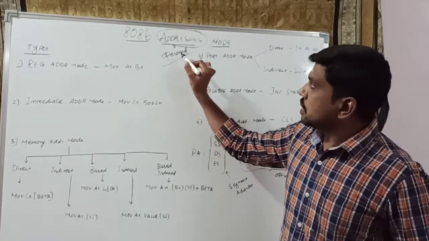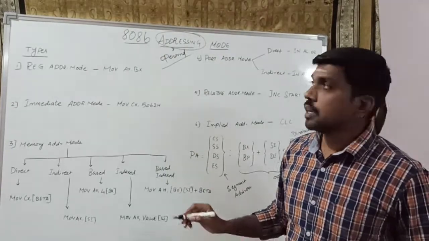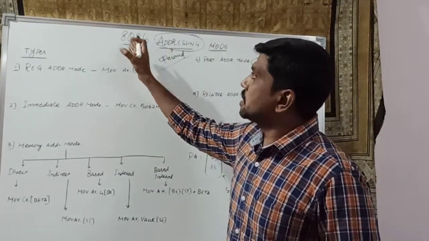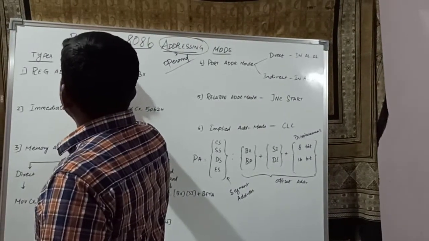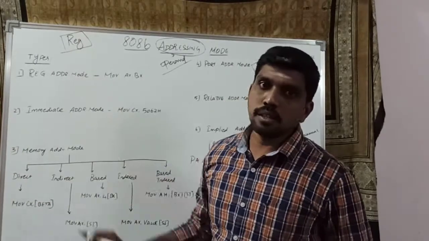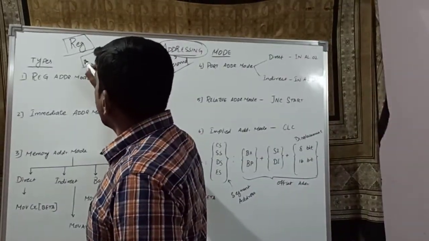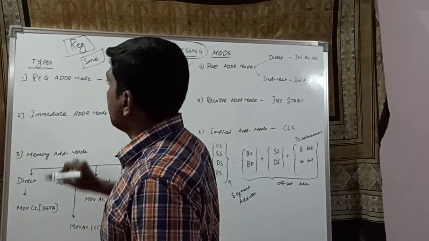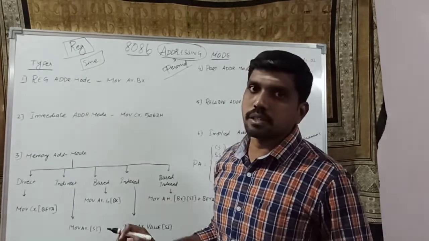Based on the operand's place, you can categorize the types of addressing mode. There are three possibilities for mentioning the operand values. The first possibility is register: the operand is placed in the register. The second possibility is immediate: directly applying the operand value in the instruction itself.